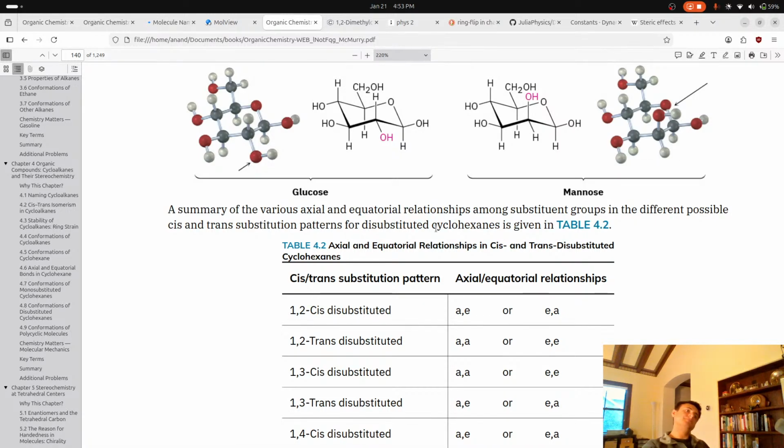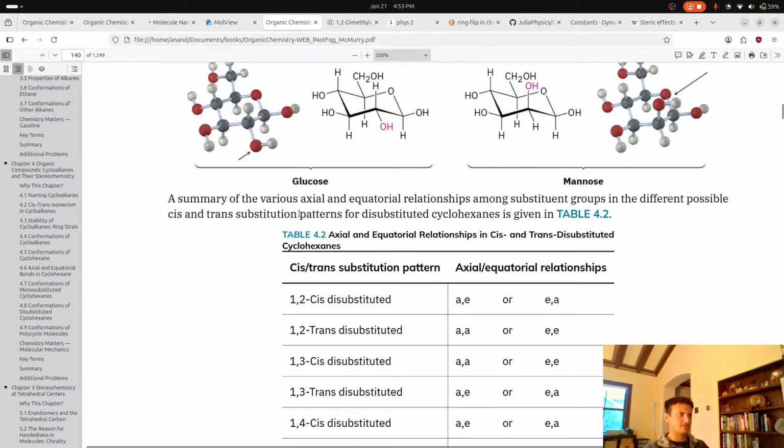A summary of the various axial and equatorial relationships among substituent groups and the possible cis-trans substitution patterns for disubstituted cyclohexanes is given here.